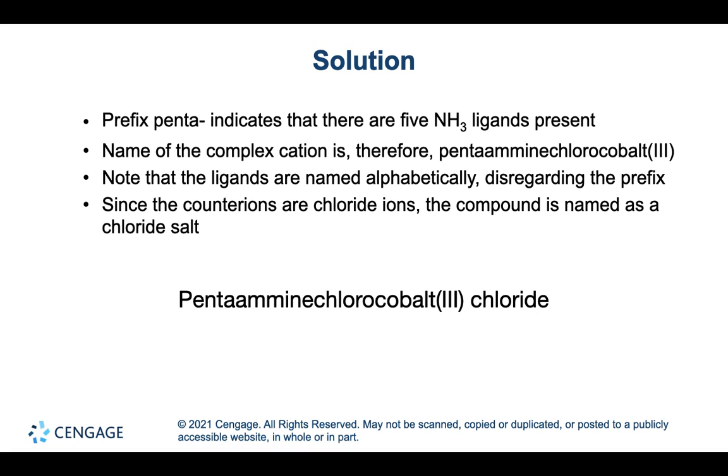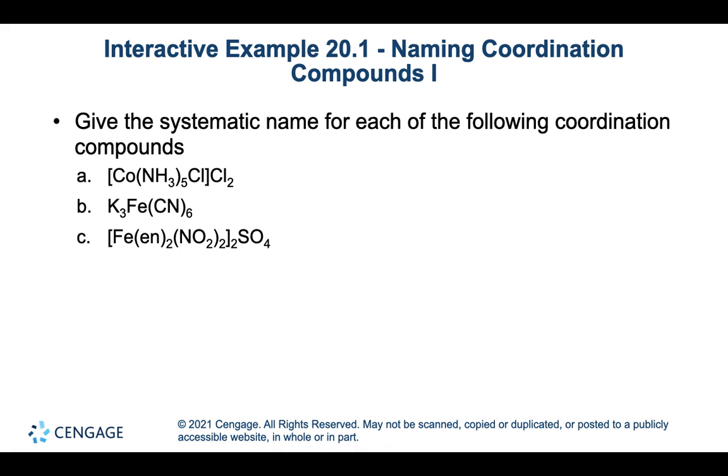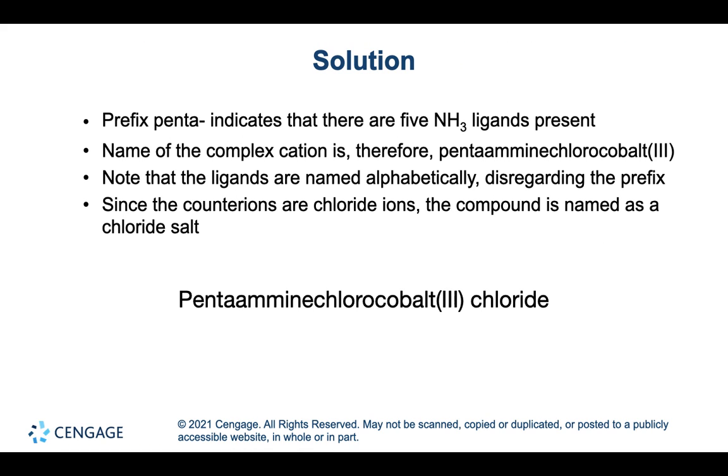So here we see pentaammine for 5 ammonias, chloro, cobalt 3, and then chloride. Pentaammine for 5 ammonias, looking here at letter A; chloro for the Cl; cobalt 3 because cobalt has a +3 charge in this formula; and then your 2 chlorides are just called chloride.